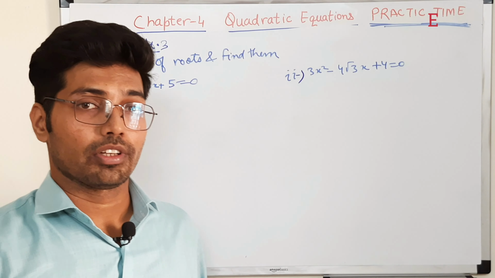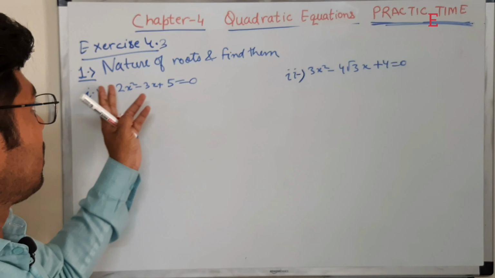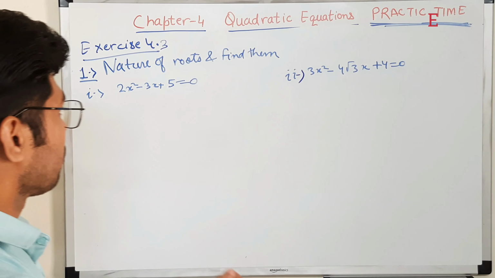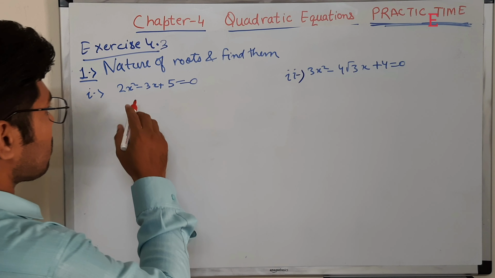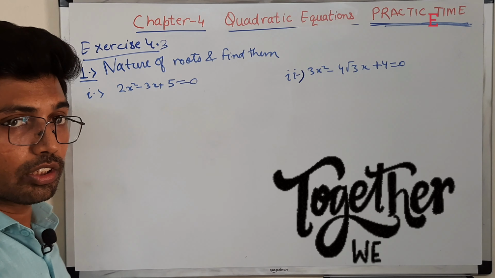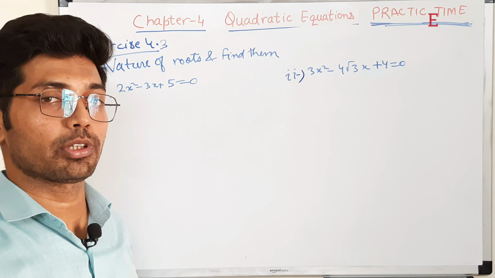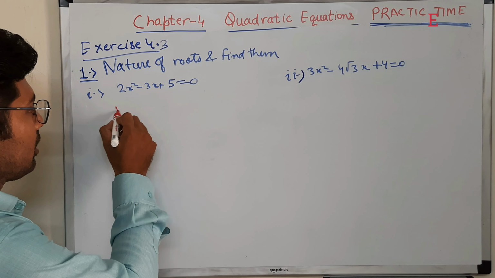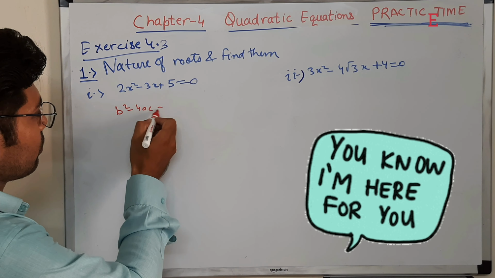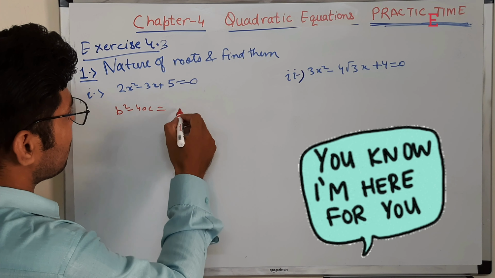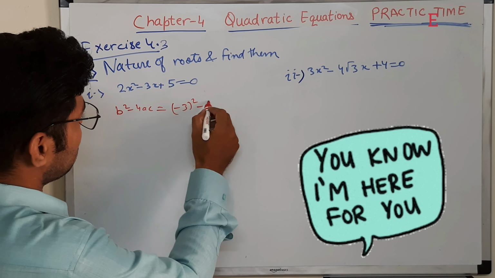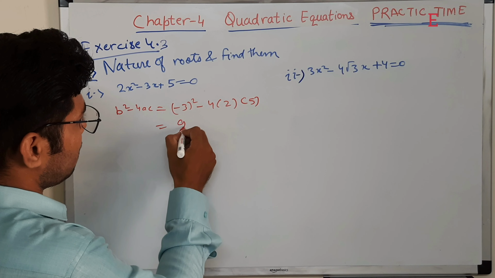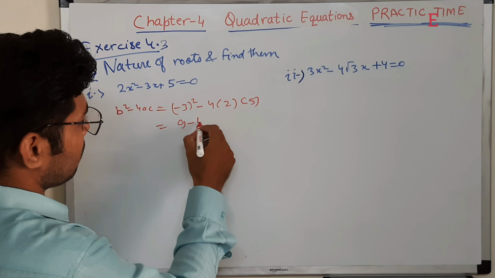Okay guys, now come to our exercise 4.3. Here we need to find the nature of the roots and find the roots of the equation. For example, we have this equation. We get to know the nature of the roots by the discriminant of that particular equation. Discriminant is b square minus 4ac. For this equation you will get minus 3k whole square minus 4, where a is 2 and c is 5, which is 9 minus 40.